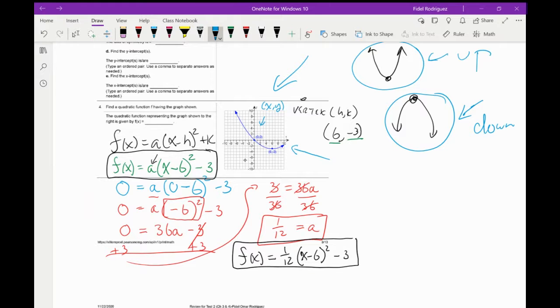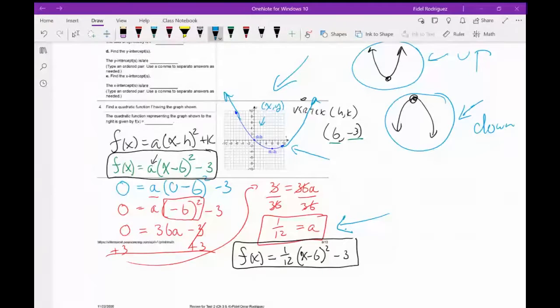And if it helps, guys, think about it like this. The graph goes like this forever. Okay. So would you say that graph is going up or down? Up, right? Okay. Remember we said if the graph opens up, the number A should be what kind of number? A positive number or a negative number?